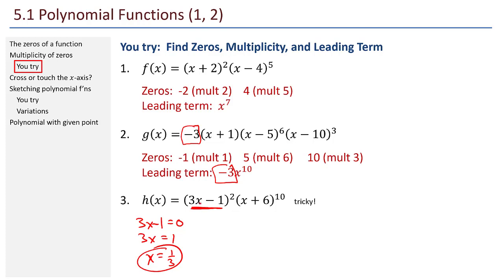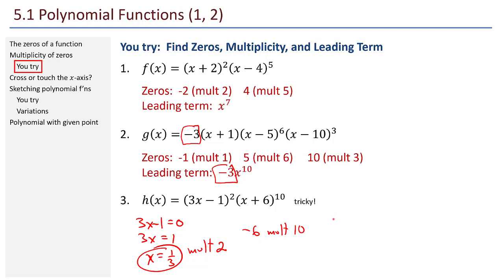If you actually plugged in 1/3 for x, then I'd have 3 times 1/3 is 1, minus 1, that gives me 0. And so this appears with multiplicity 2 because of that square. The other 0 looks like negative 6, and that appears with multiplicity 10. So the zeros are at 1/3 and negative 6.